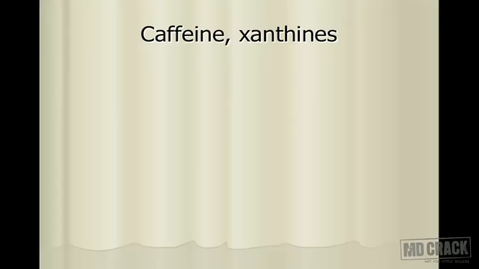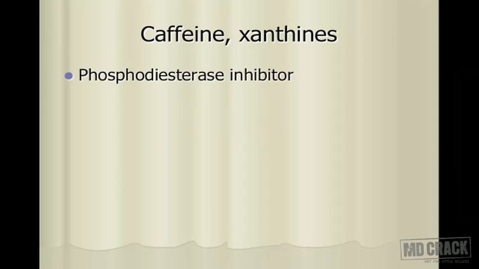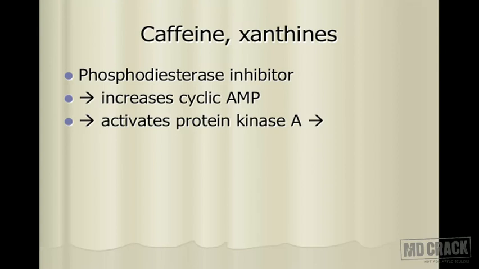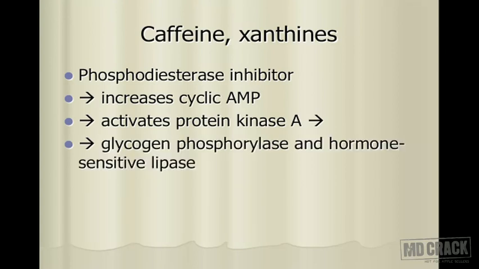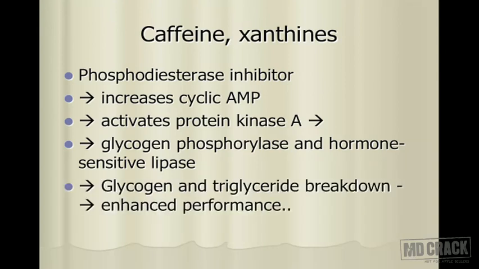And a few words about caffeine and xanthines. Caffeine and xanthines are phosphodiesterase inhibitors. They inhibit the enzyme phosphodiesterase. And I hope you know, when phosphodiesterase is inhibited, there is an increase in the cyclic AMP. This activates the protein kinase A, and that leads to activation of the glycogen phosphorylase and the hormone sensitive lipase, and that's going to lead to the breakdown of the glycogen and the triglycerides, and this leads to an increase in the performance.